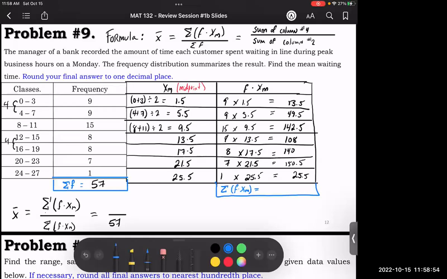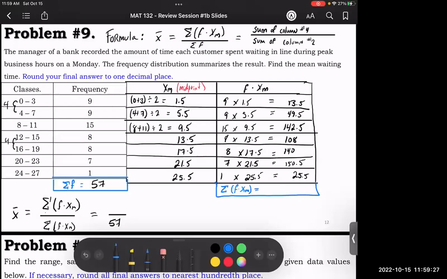You got 629? Yeah. Okay, let me just double check. What did you get again? 629, you said? Yeah. For some odd reason, I got something else, just slightly. 629.5. 629.5? I may have added wrong.